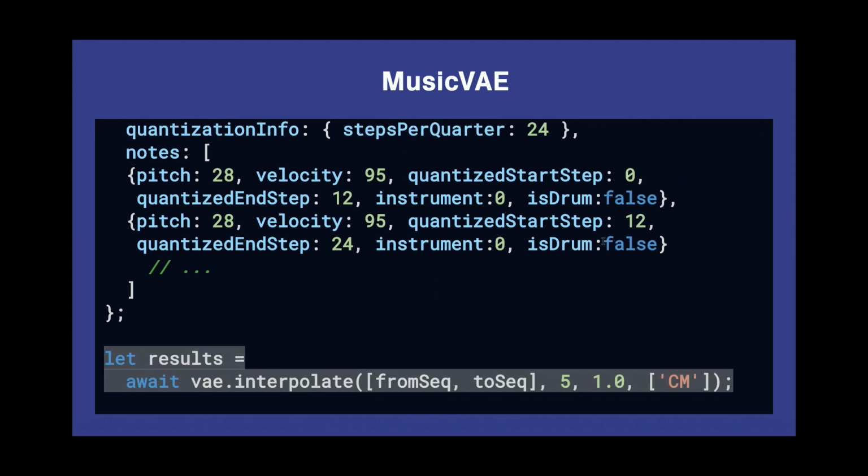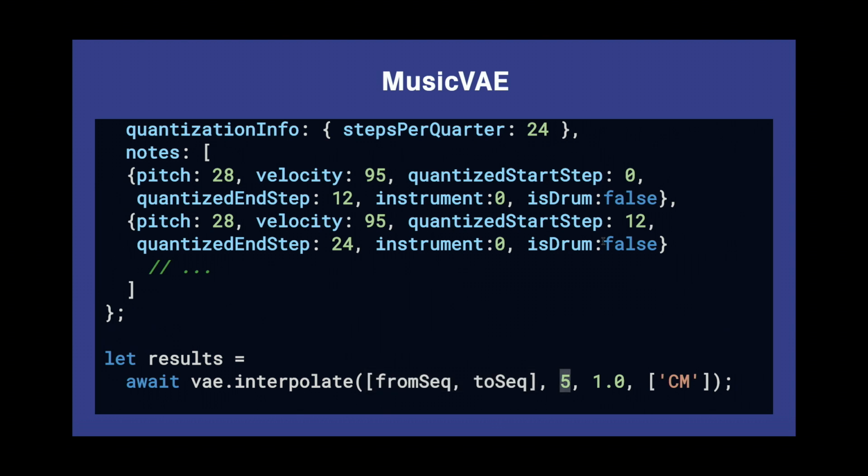You give them to the interpolate method of the VAE. It's got one handy for us to use. You say interpolate between these sequences in 5 steps with temperature 1.0 in the C major chord, and that'll give you a 5-point interpolation between any two musical measures. A really fun thing to play with.